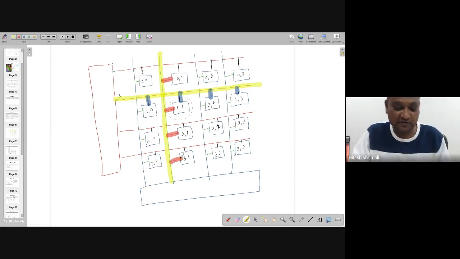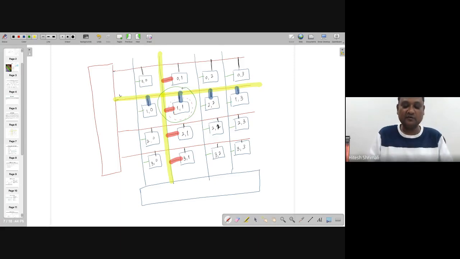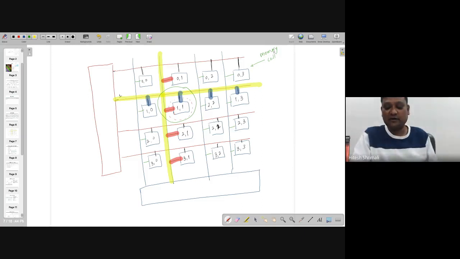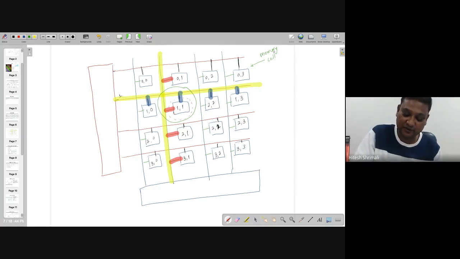So the common one is this one, and that gives me access to this particular part of the memory, right? So each one of them is one cell. Each one of them is known as one memory cell, which I'm going to access, or I'm going to read, or maybe I can write it down, right?